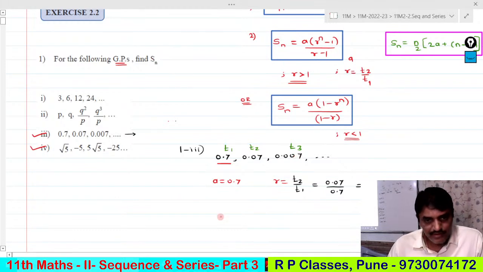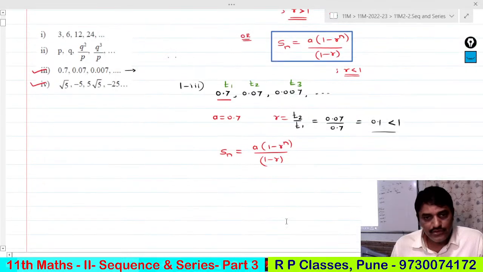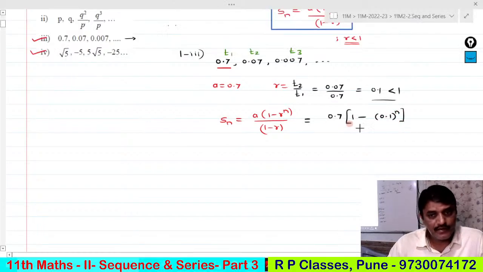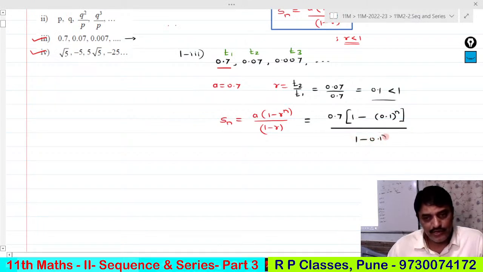What is the formula? Sn is equal to a into 1 minus r raised to n upon 1 minus r. Correct? So now what to do, substitute. What is a here? 0.7 into 1 minus 0.1 raised to n, whole thing divided by 1 minus 0.1.